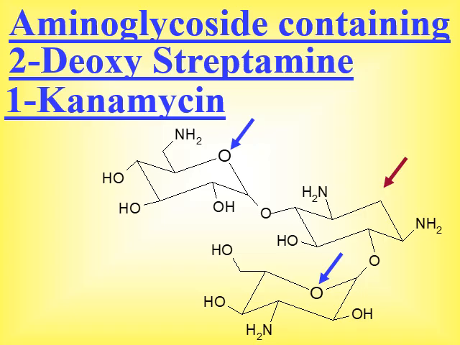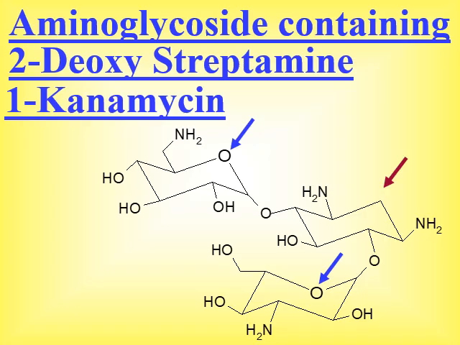The red arrow showed the 2-deoxystreptamine having no hydroxyl group in position number 2 and having the amino group in position 1 and 3. The blue arrows here showing 2 sugars, known by the presence of oxygen atom in the ring.